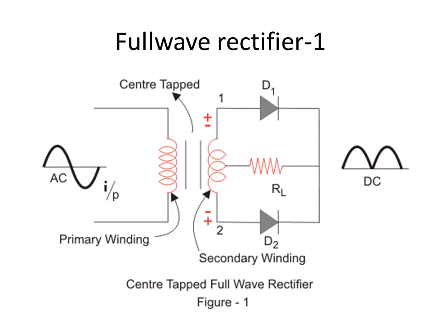So you will be getting IDC equal to 2 Im by pi. Earlier we got it as Im by pi, but here it will be twice that.